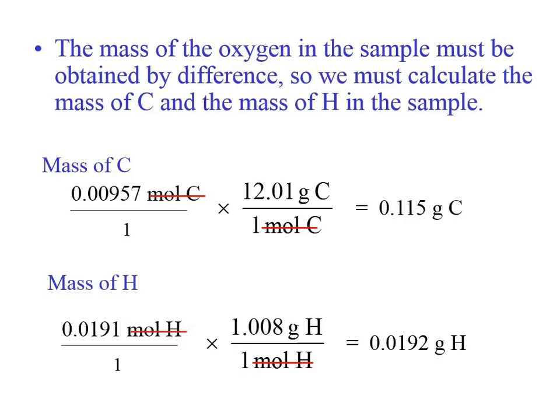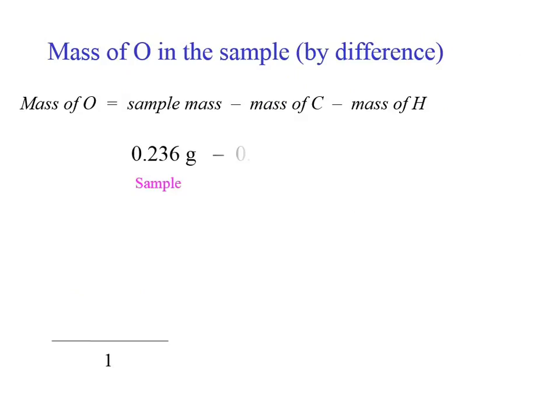So that looks like this. The original sample mass, the CHO sample, was 0.236 grams. So we take 0.236 grams minus our carbon, 0.115, and we also subtract our hydrogen, 0.0192. We don't do a lot of addition and subtraction in chemistry, but remember we round according to decimals.